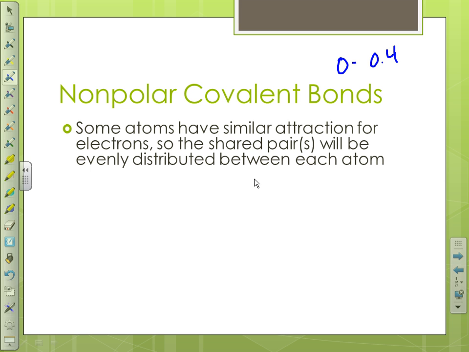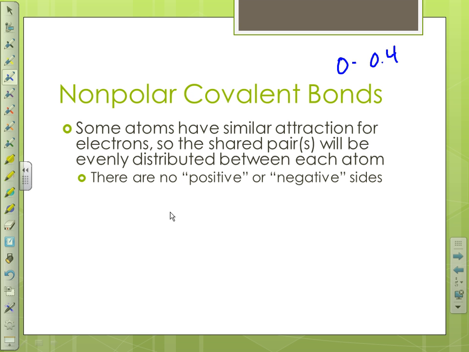Similar attraction for electrons, so that shared pair is evenly distributed. And that means that there are no sides of that molecule that behave differently from other sides, right? In this magnet, the North Pole side and the South Pole side behave differently from one another. There's no such thing in a nonpolar covalent bond.